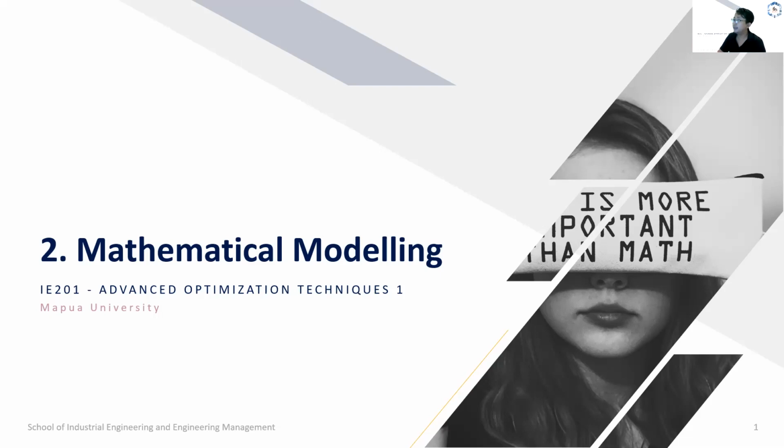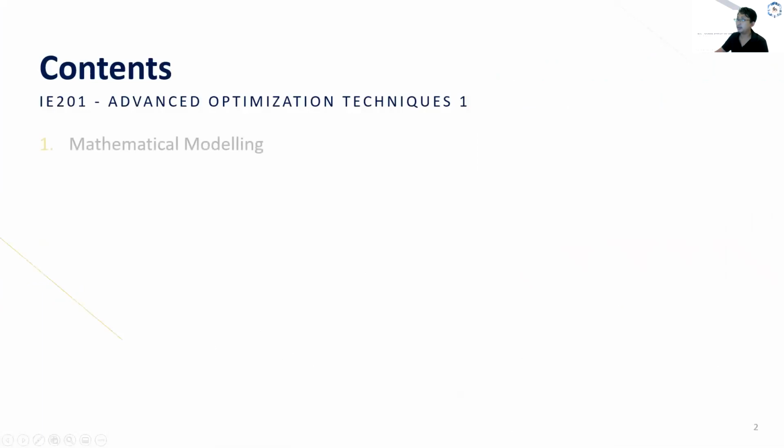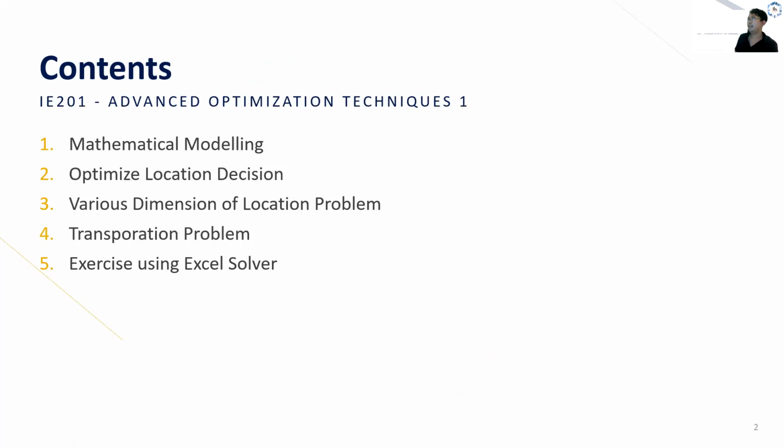Okay, I made the content a little bit concise. First, we will start by discussing what a mathematical model actually is and where it plays a part in optimization techniques, or even in a broader discussion of engineering optimization methods, which means how an engineer solves problems.